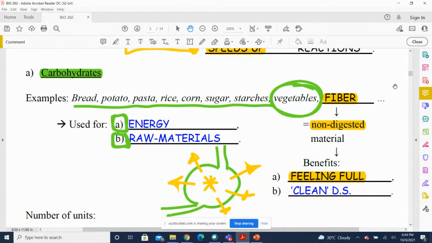The other thing that fiber does, it gives us a way for our digestive tract to have something to push against. So it helps the material to move along the tract.